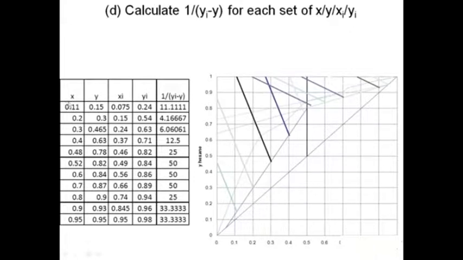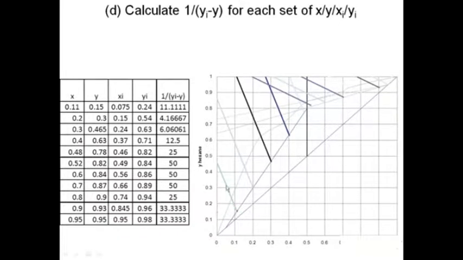So for these first values, let's see, x equals 0.11. So I started with that, and I found out what y was based on the bottom operating line, y equals 0.15.